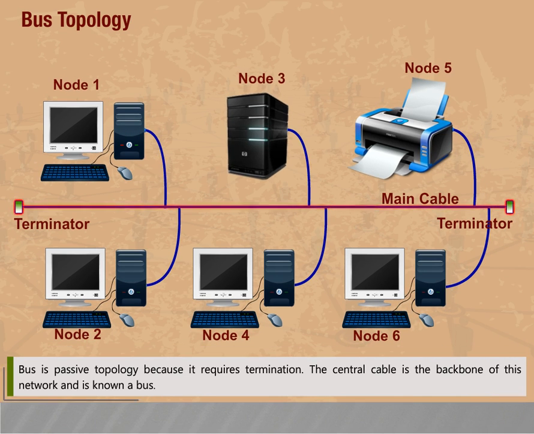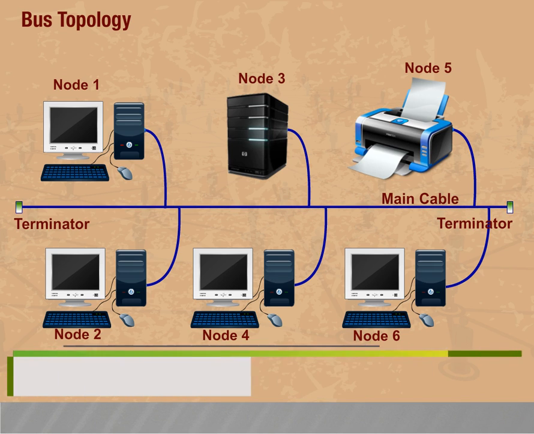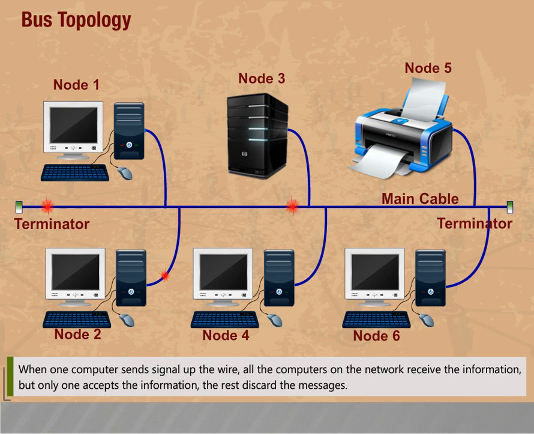Bus is passive topology because it requires termination. The central cable is the backbone of this network and is known as a bus. When one computer sends a signal up the wire, all the computers on the network receive the information, but only one accepts the information, the rest discard the messages.